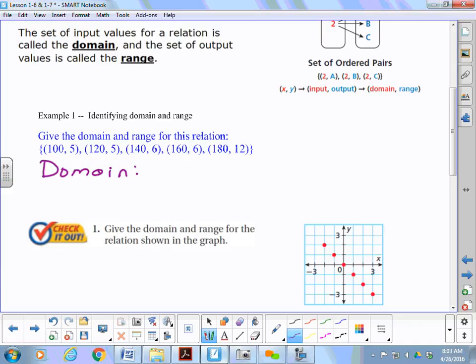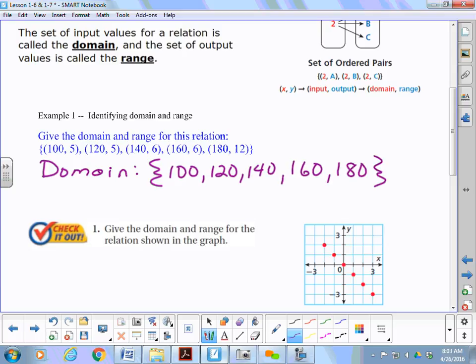The x's. So we'll put braces, and when you list domains and ranges, you always list them from smallest to largest. In this case, our domain is going to be 100, 120, 140, 160, and 180. So I'll list all of them, and close that with a brace.